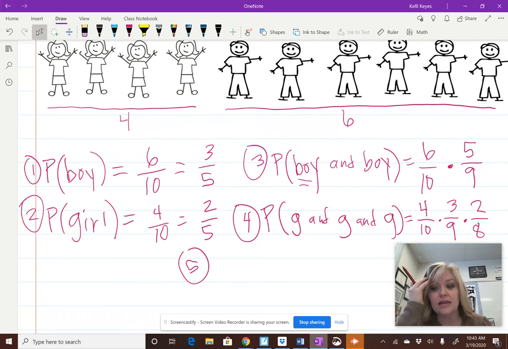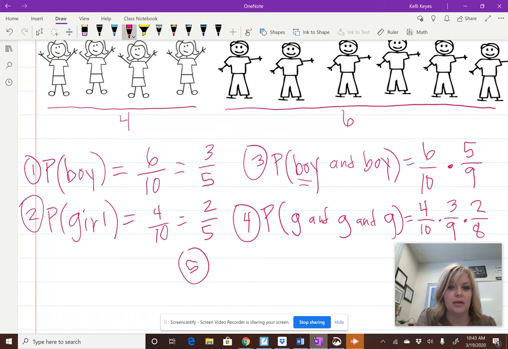Now, I did want to talk about one more thing because you have a question on the Google Slides assignment that I made you that uses this arithmetic, I guess you could say. So what's the probability of me selecting a dog? I couldn't say hamster because we have a hamster. So the probability of me selecting a dog and then a boy. Well, can I select a dog if there are no dogs?